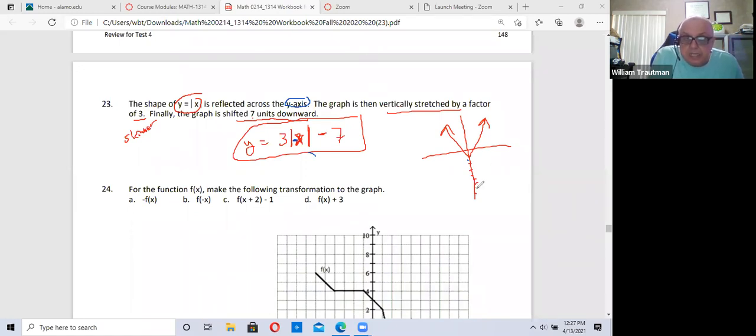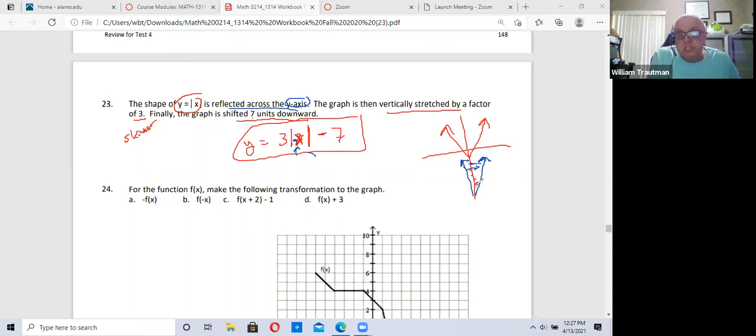And skinnier by a factor of 3. Since the negative is on the inside, it says reflected across the y-axis. That means this side is the same as this over here, and this side is the same as this. So it just looks like this, it's just skinnier.